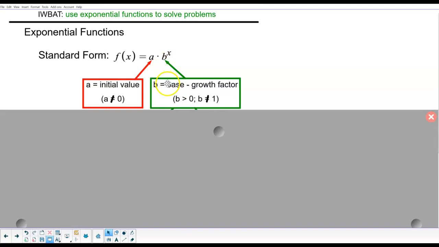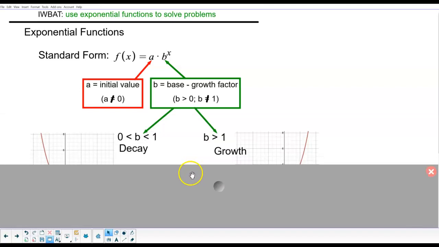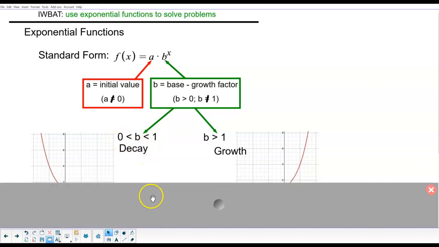The b stands for the base, the growth factor. If b is larger than 1, we're looking at exponential growth. If b is a fraction between 0 and 1, then we have decay.